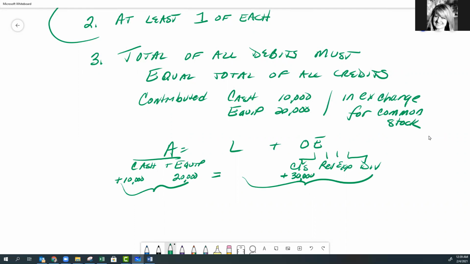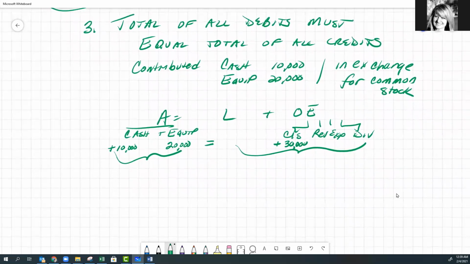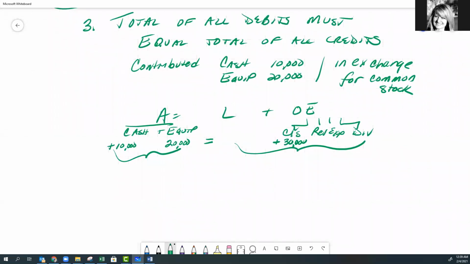If we were going to write a journal entry, and we're going to do a lot of these, I just want to give you this short demo here. When we write our journal entries, remember, debits are always on the left, credits are always on the right. We have to have at least one of each, and the total of all of our debits must equal the total of all of our credits.